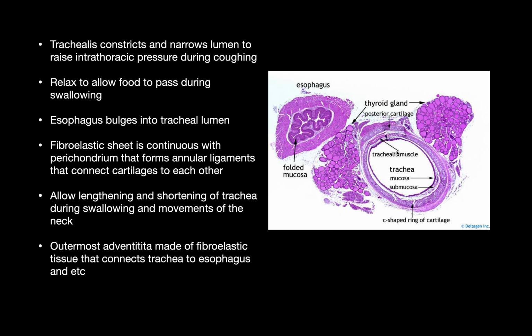It has the fibroelastic sheath, and it connects the cartilage with each other, and that allows the lengthening and shortening during movements of the neck, because it would be pretty problematic if the trachea can't move every time you nod or turn your head. And the outermost adventitia is going to connect the trachea to the surrounding structures. And right beside the trachea are the thyroid gland, and then right in the back is the mucosa.